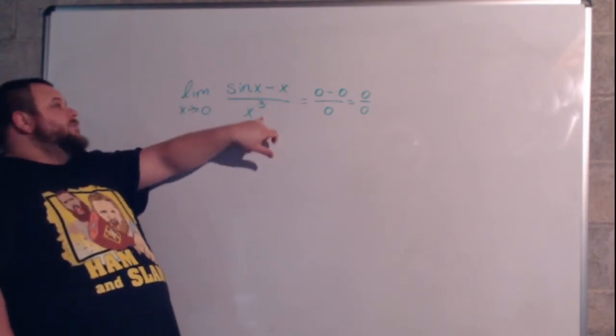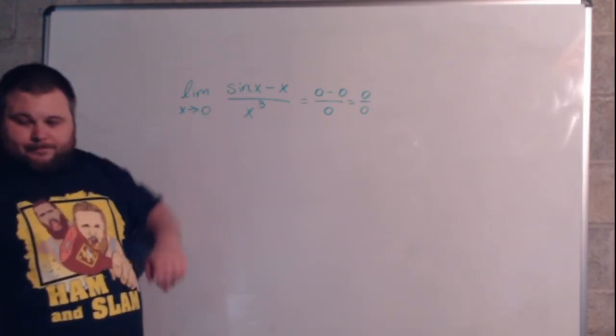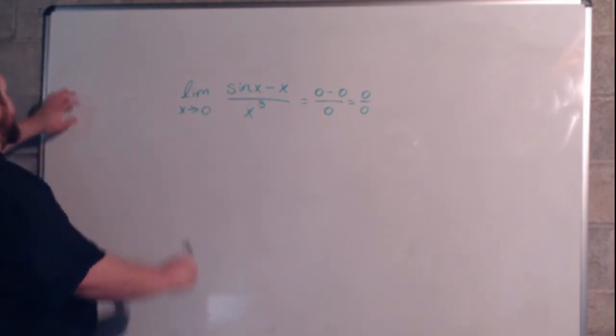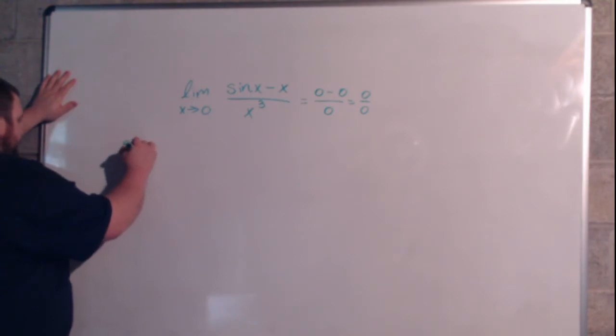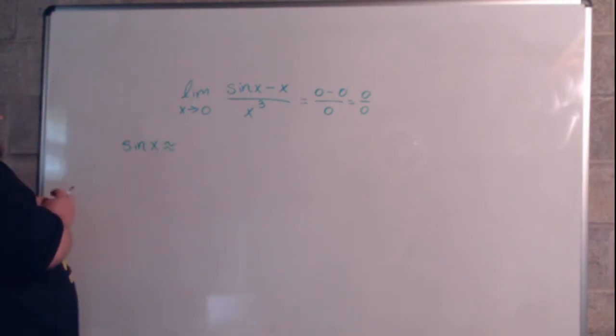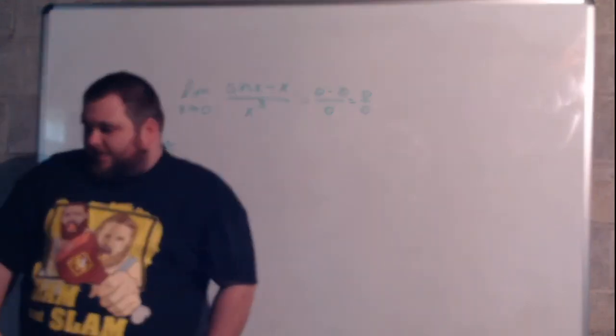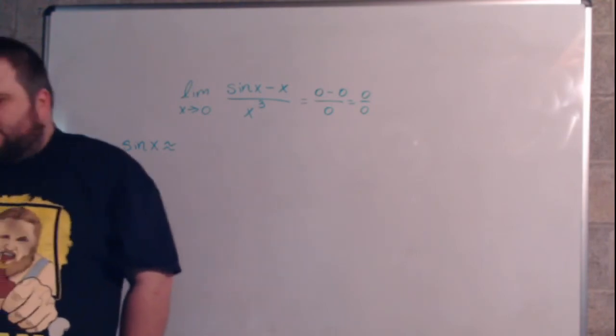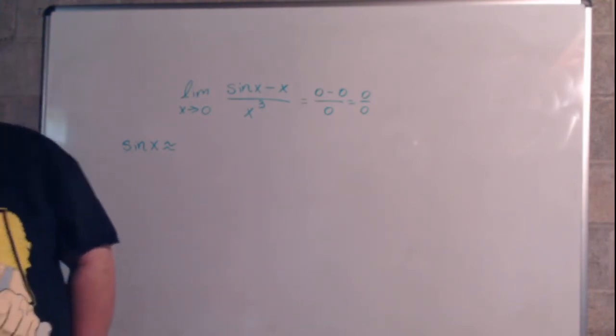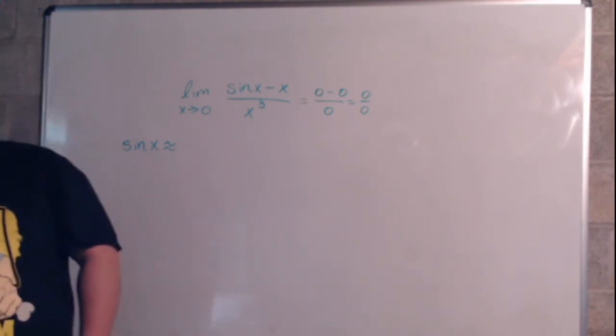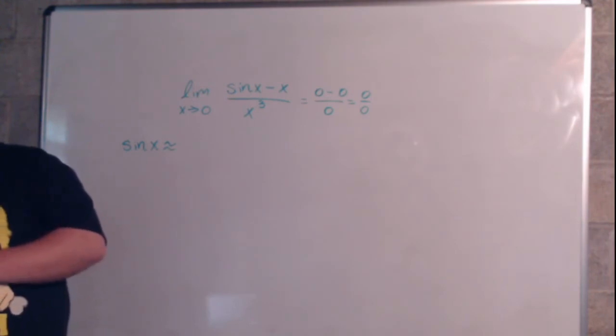I am going to replace the sine of x. So, does anybody have the power series sheet that I gave to you on Blackboard? If so, can you tell me maybe the first 4 terms of sine of x?